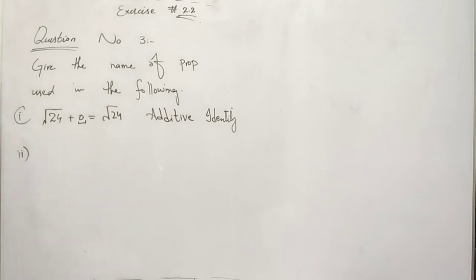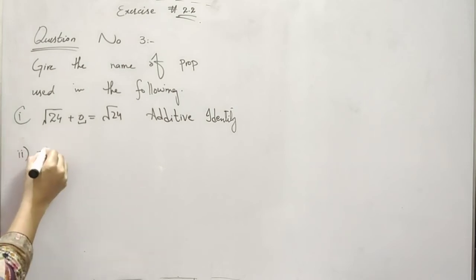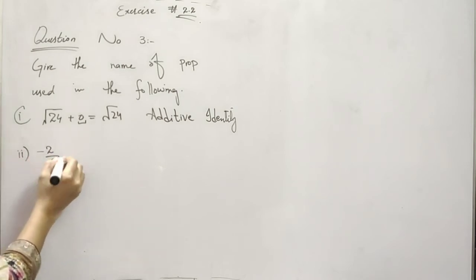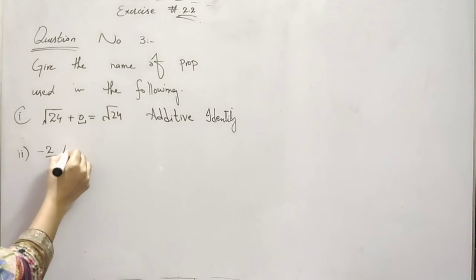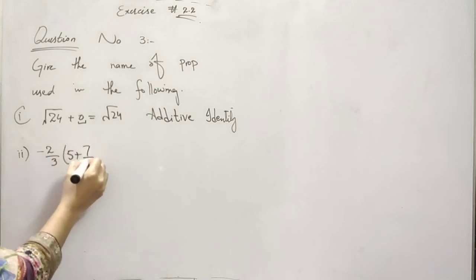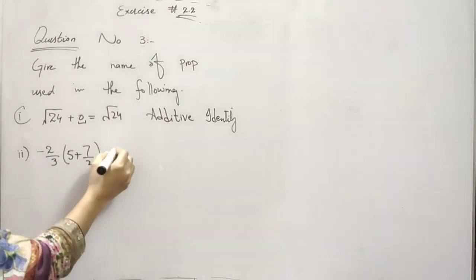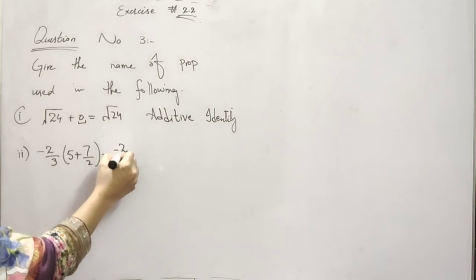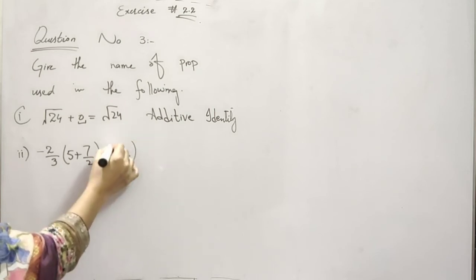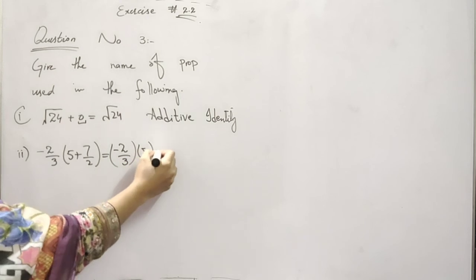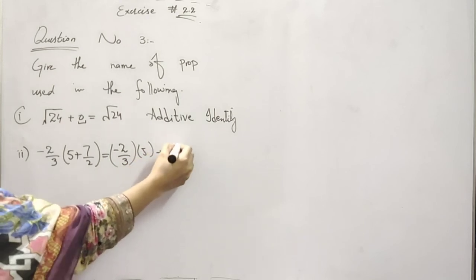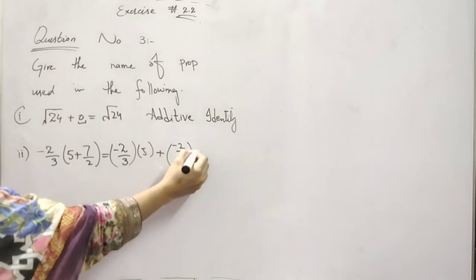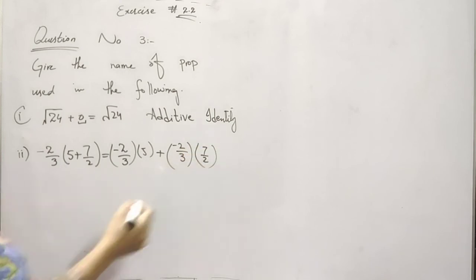Now the second part, minus 2 by 3 into 5 plus 7 by 2, which is equal to minus 2 by 3 into 5 plus minus 2 by 3 into 7 by 2.